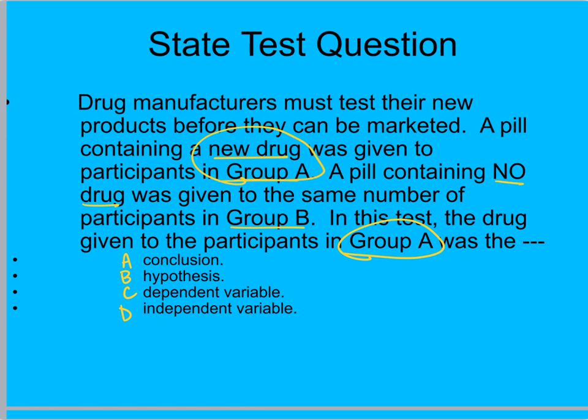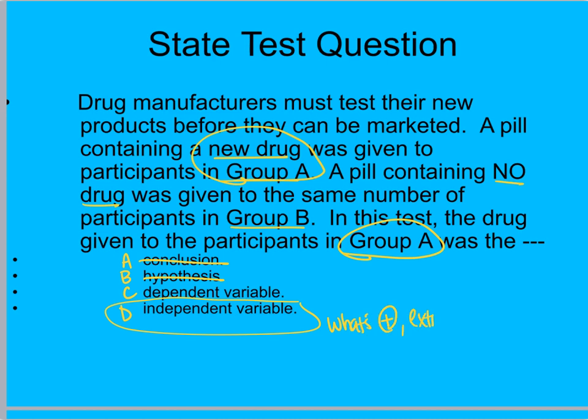So the drug can't be the conclusion or the hypothesis. So you should be between independent and dependent. Okay, the new drug is what's added. It's what's different between the two groups. So what did I say that was? Should be independent.